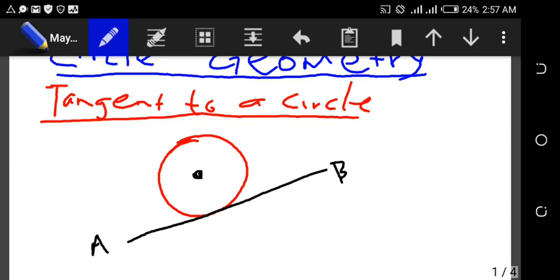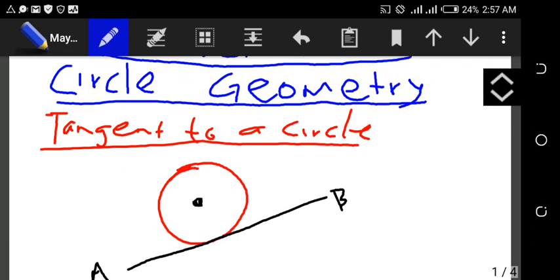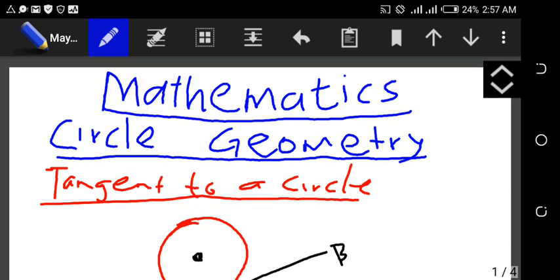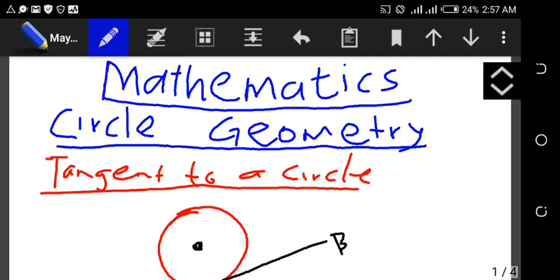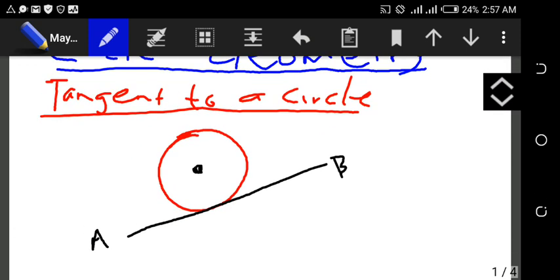Alright, so we are looking at tangents to a circle. Now let's consider part of the theorem that we have for tangents of a circle. We've identified what a tangent is, so let's look at one of the theorems that we have under tangents to a circle.